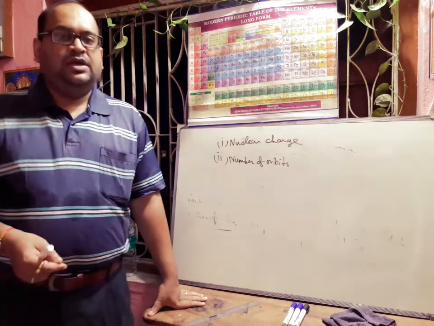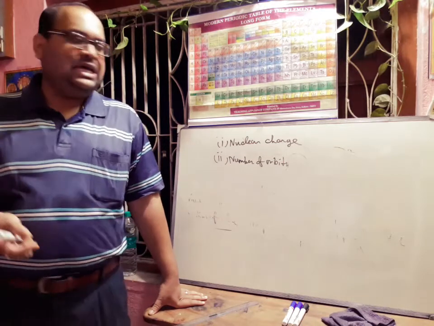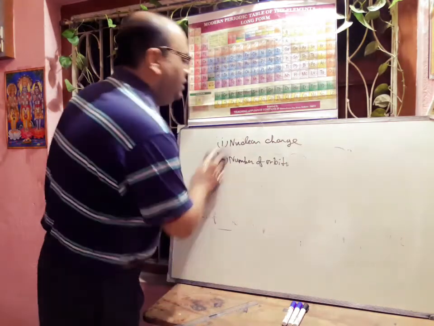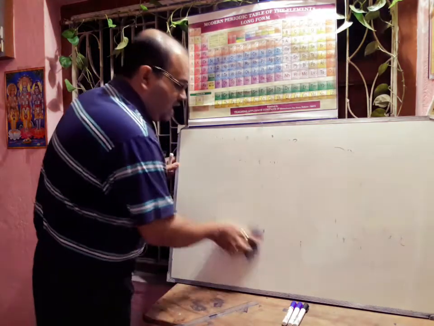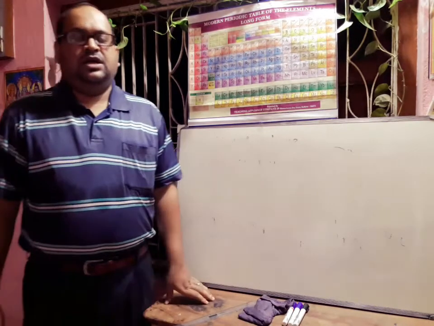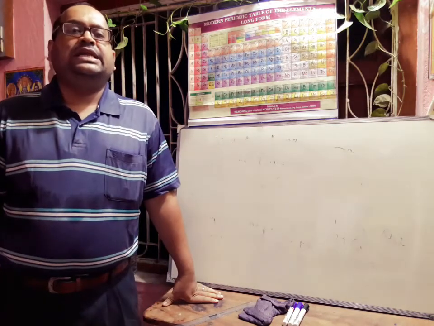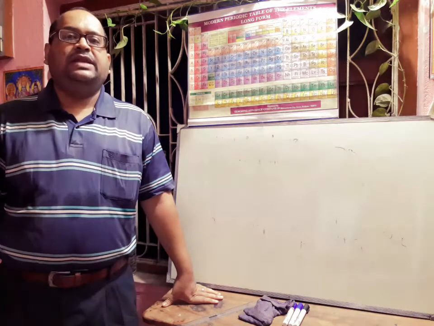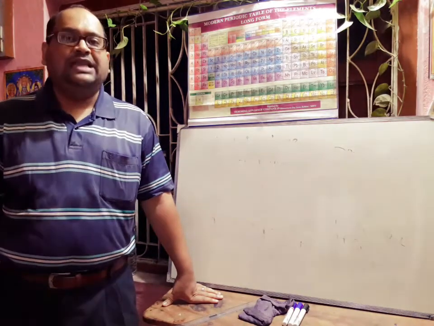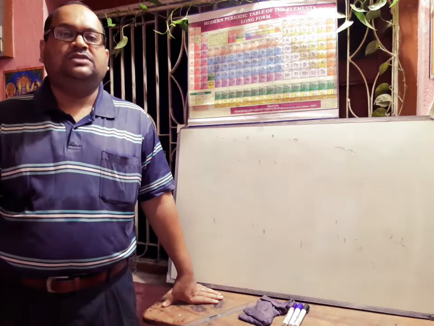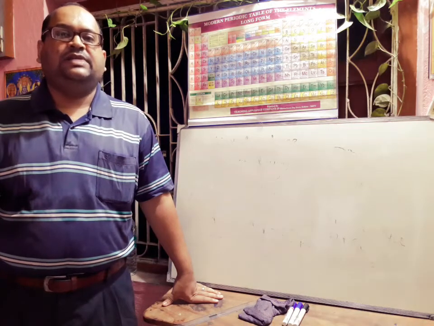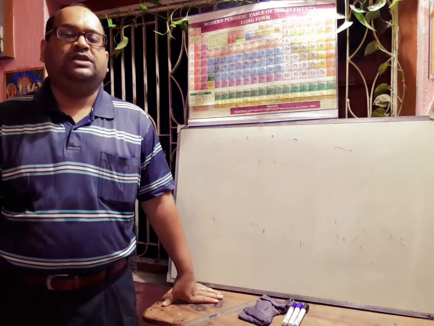Next, we will discuss another important periodic property, that is called ionization energy. We know the definition of ionization energy: it is defined as the amount of energy required to remove one valence electron from an isolated neutral gaseous atom, resulting in the formation of a monovalent positive ion.